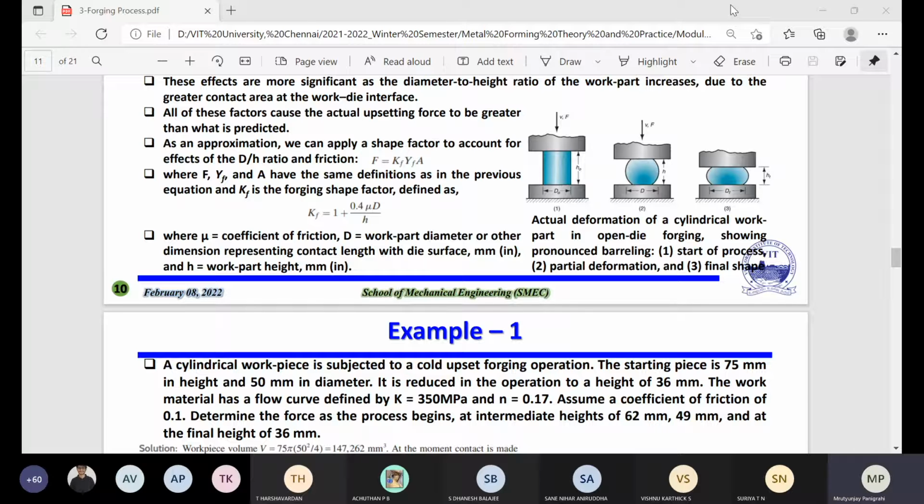Nihar told that he found out the shape factor KF, but you have to find out the force F. So F equal to what is the equation? K by P. Yes, so KF you already got. Now you have to find out what is YF and what is A. Then only we'll calculate F.